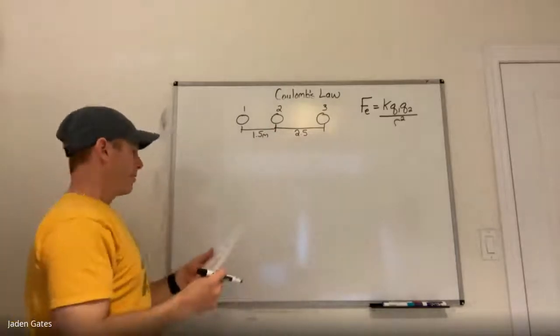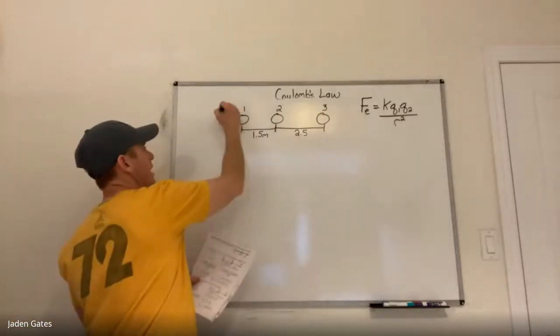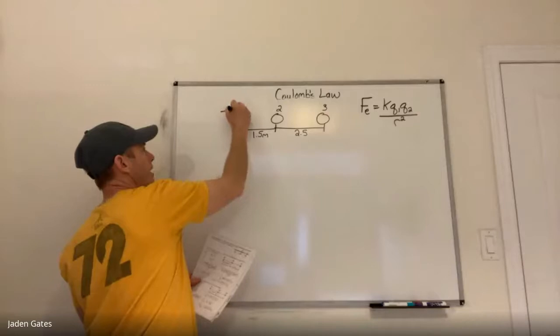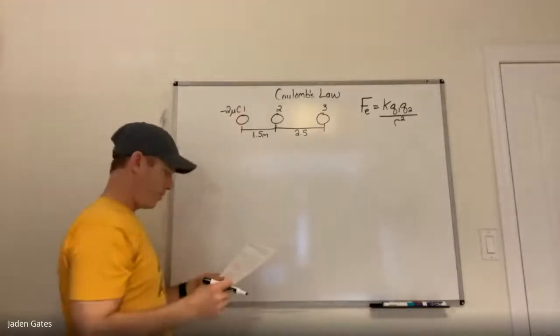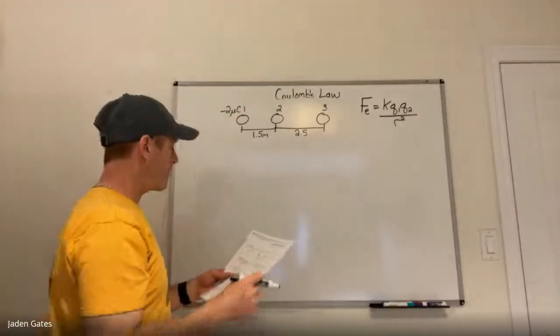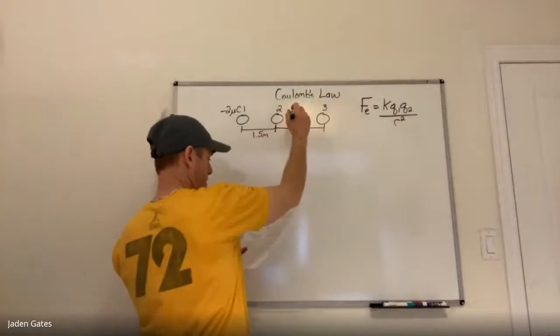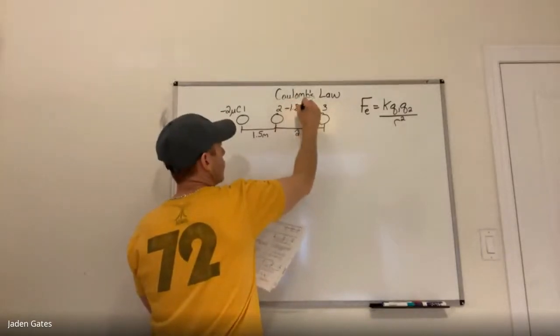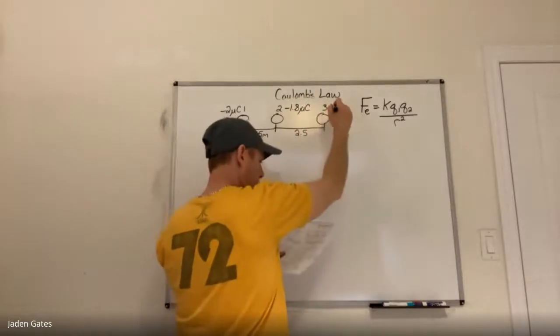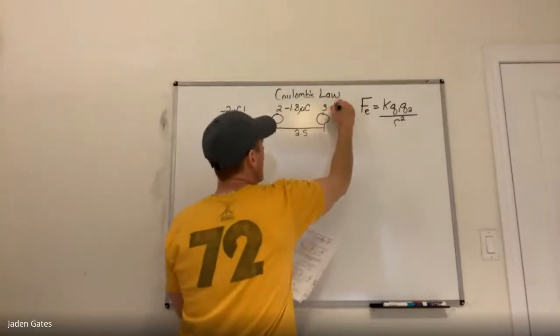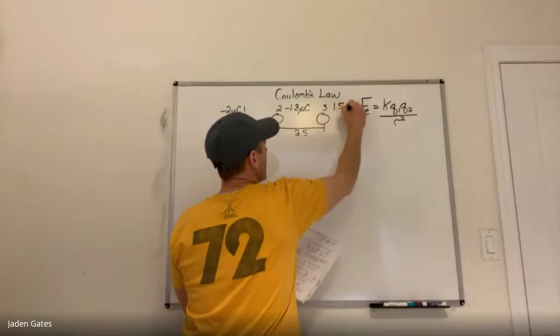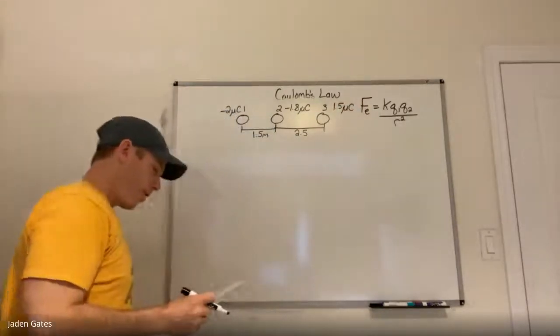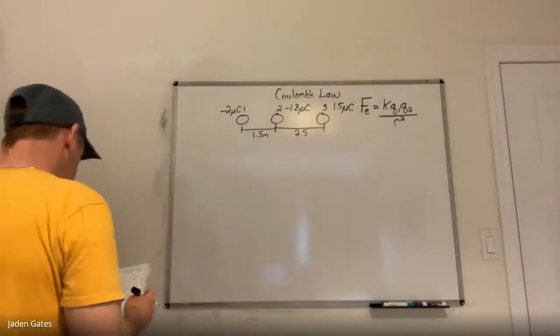Now, Q1 here is -2 microcoulombs. Right, that's negative. Q2 here is -1.8 microcoulombs. And charge number 3 is 1.5 microcoulombs. All right, so I've got all the charges.